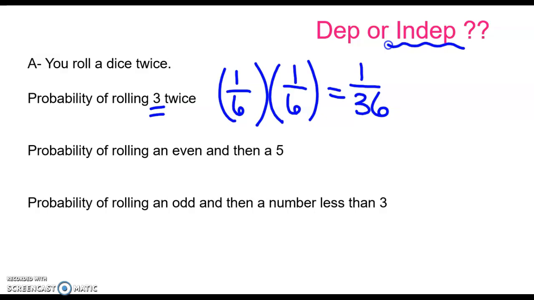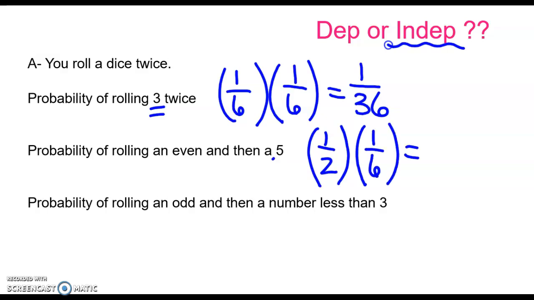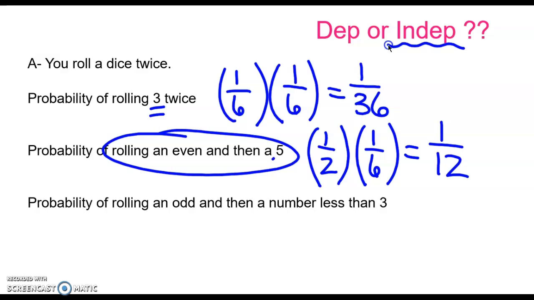Rolling an even, and then a 5. Well, we know an even is 3 out of the 6 outcomes on a dice, which simplifies to 1/2. And then rolling a 5 is 1 out of 6 options. Multiply across the top, multiply across the bottom. There's your overall probability of both of these things happening. Rolling an odd, and then a number less than 3.